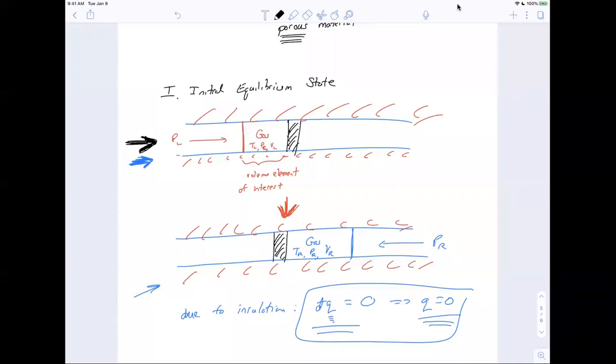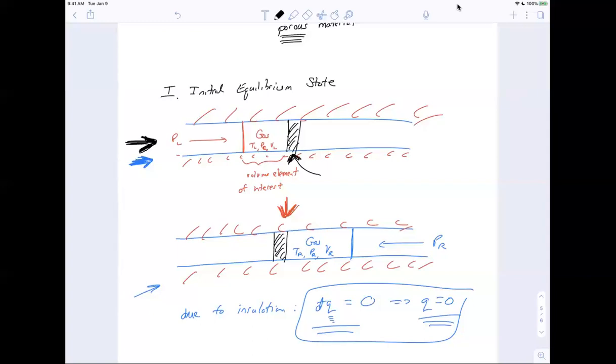Then we observe this plug of gas go through a porous membrane or a porous material, which is right here. Okay, so this is porous, so it's not totally transparent to the gas, but it's semi-transparent, if you will, because there's some obstruction in that porous material. So that's why it's there. And that's going to change the pressure on both sides of that porous plug.